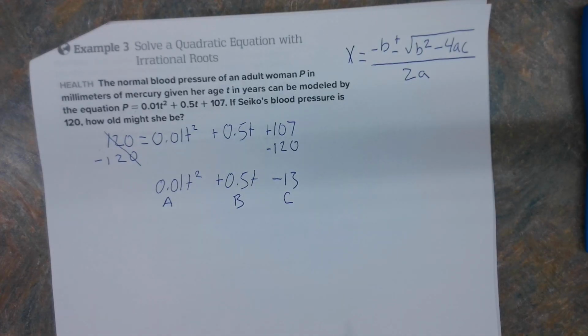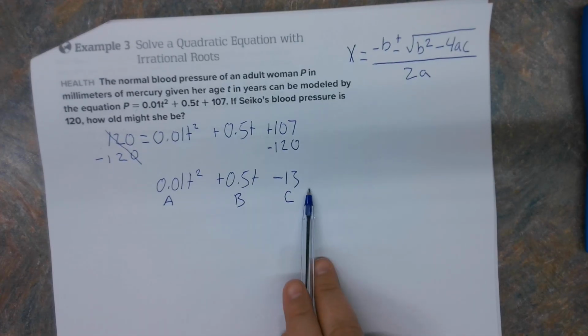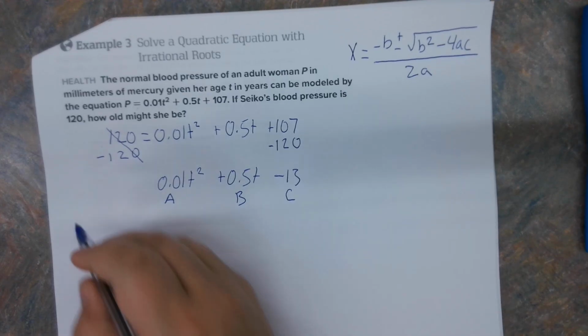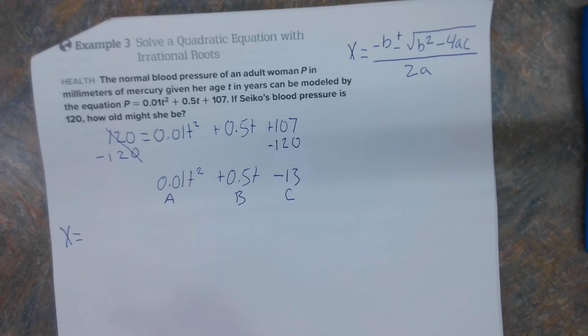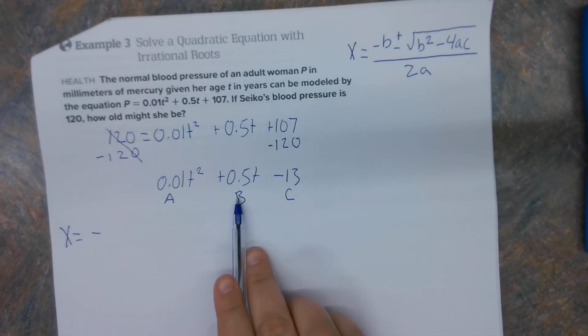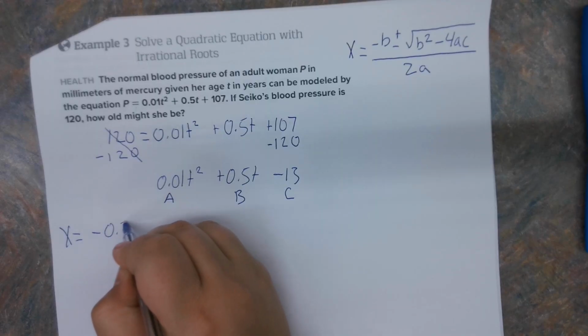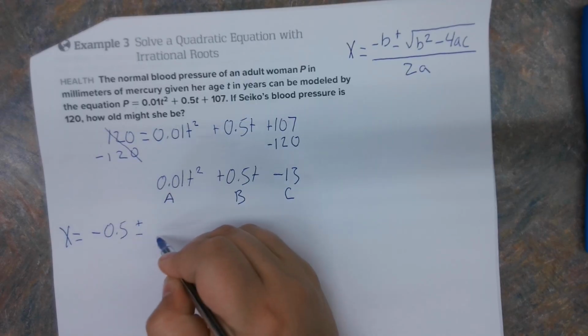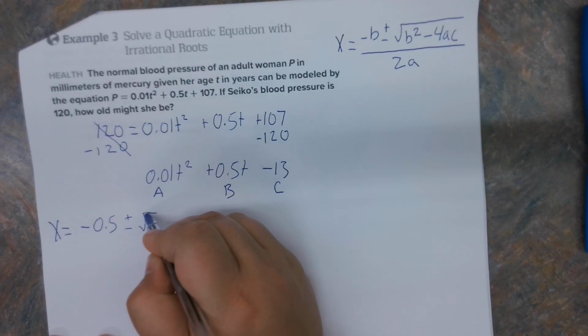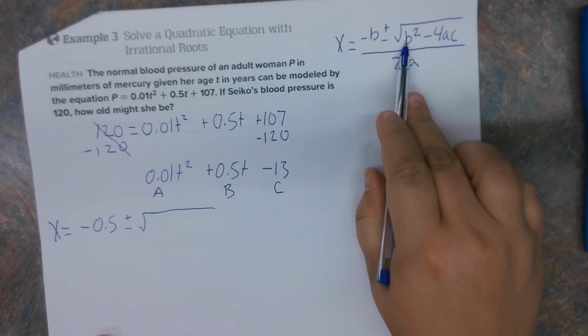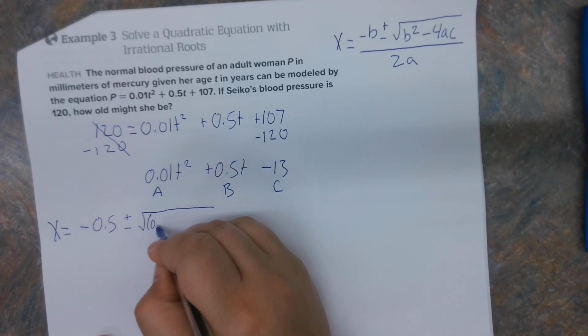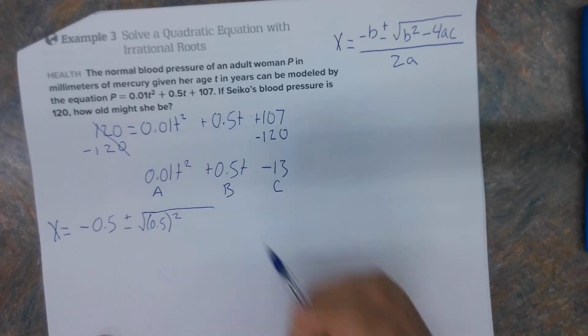Okay, now let's plug our numbers into our quadratic formula. X equals negative, what is b? 0.5 plus or minus the square root of b squared. So I've got 0.5 squared.